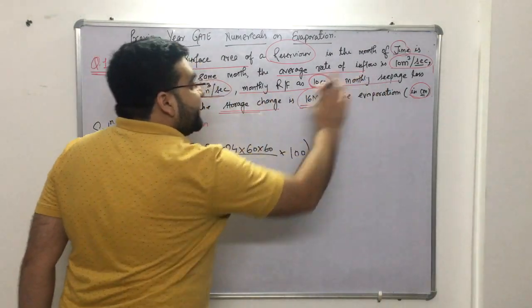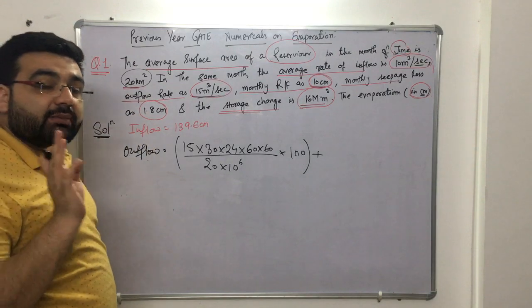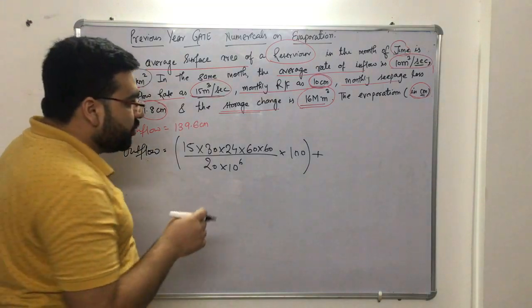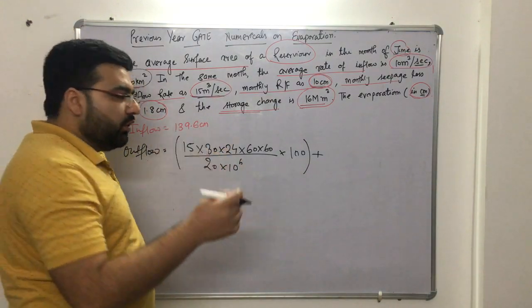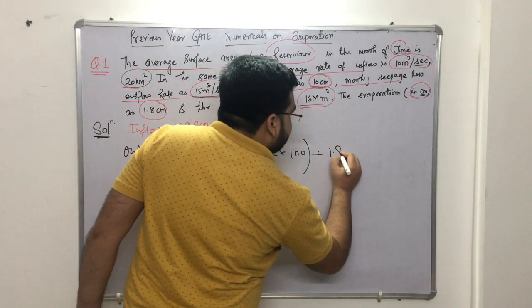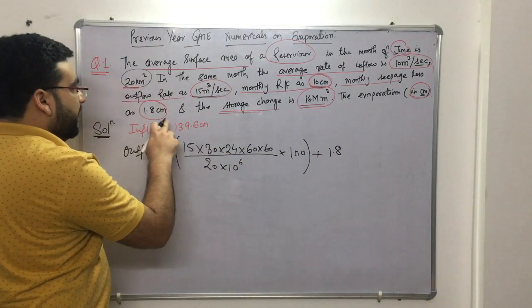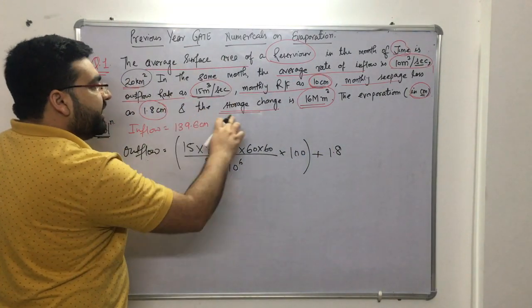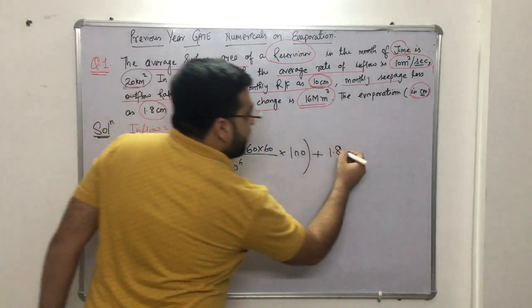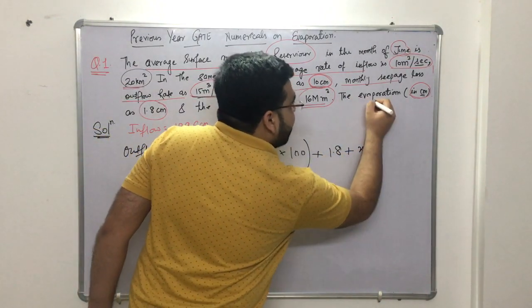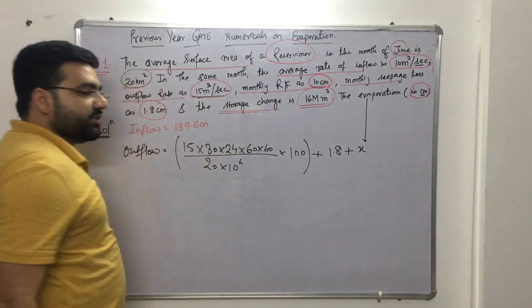Plus now monthly rainfall, that is inflow. Monthly seepage losses: monthly seepage is given as 1.8 centimeter, right? So seepage losses are outflow, those are losses, plus 1.8. Storage we will see, and evaporation plus X, because evaporation we consider to be X. Clear?